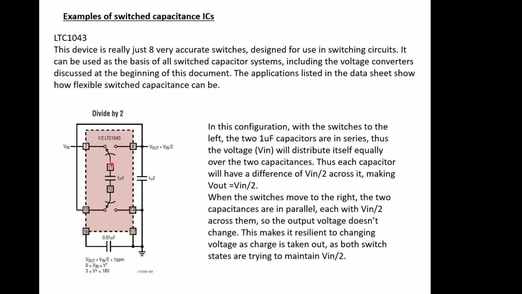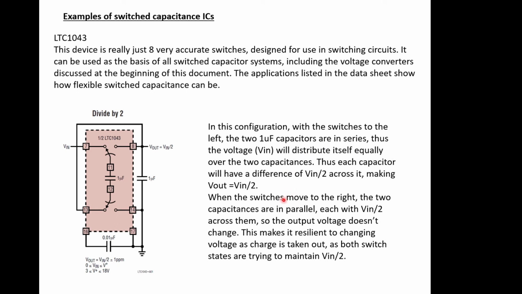With the switches to the left, as set up here, the two 1 microfarad capacitors are in series with each other, and you can sort of see that. So there's one there, and this one is connected via this wire to that end, and they're all connected in there and connected through ground. So each capacitor, when you switch to V in at this point here, each capacitor will end up with V in on each of the two capacitances.